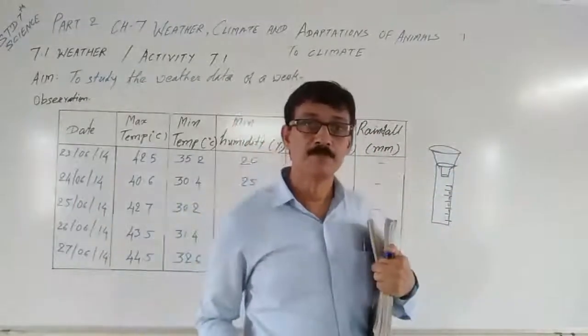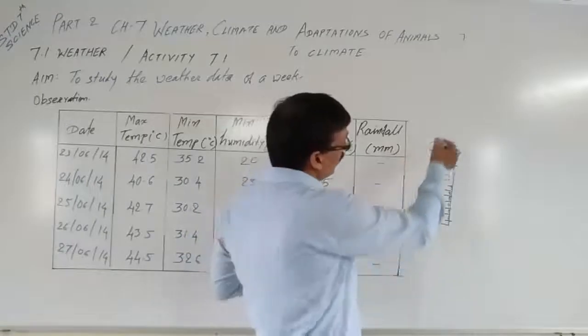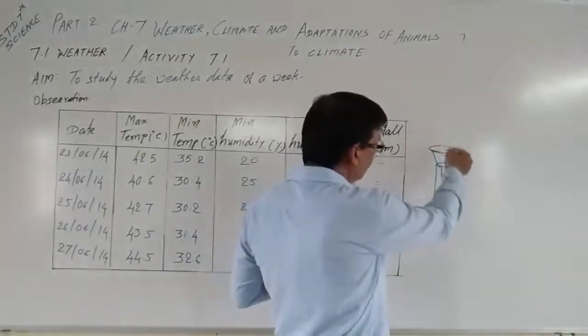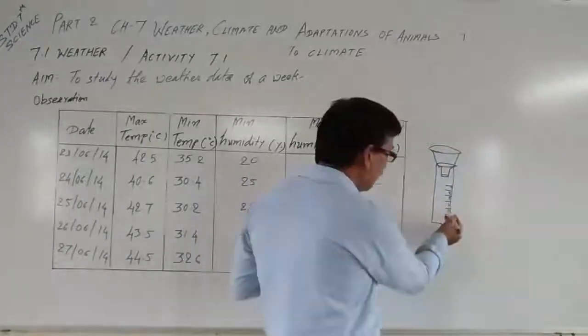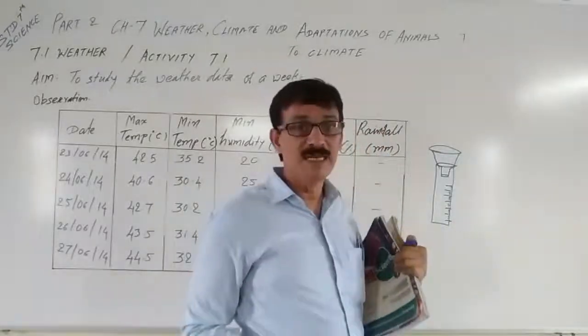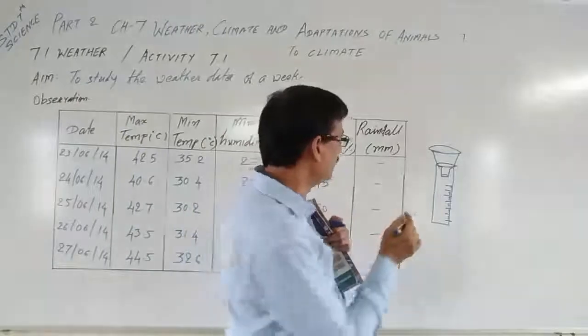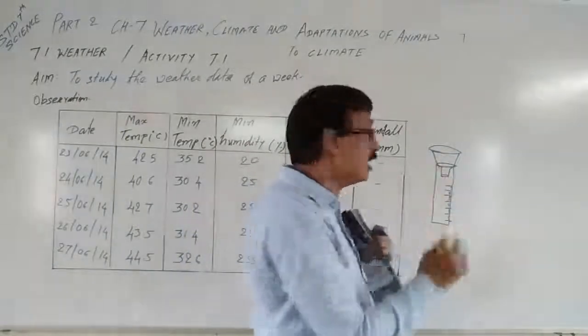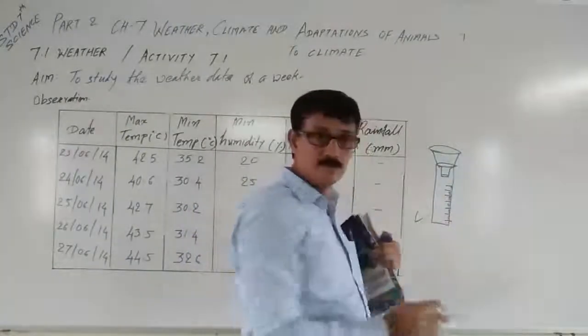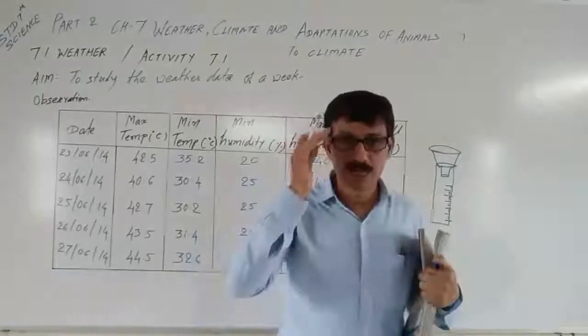So what will happen when the rain comes? It will collect in this one, and from this measuring instrument we can say how many millimeters. I just would like to show that the rain gauge is of this kind, just for your information.